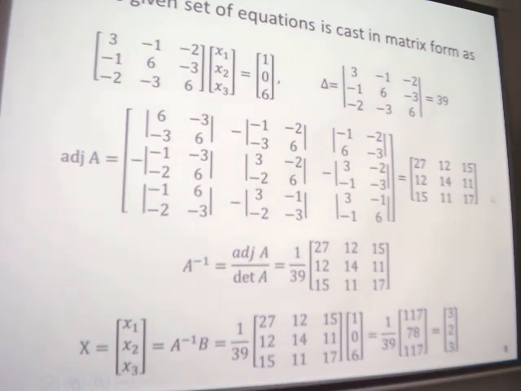After that, we calculate the result. It should be this one, because for each entry we also should take the determinant of this part, and we get the result. So the dimension is 3 times 3 in this matrix. Then put the determinant of A, 39, inside, and we get the result. And our x, we know, is equal to A inverse B. A inverse we already have here, and we multiply it by B and get the result.